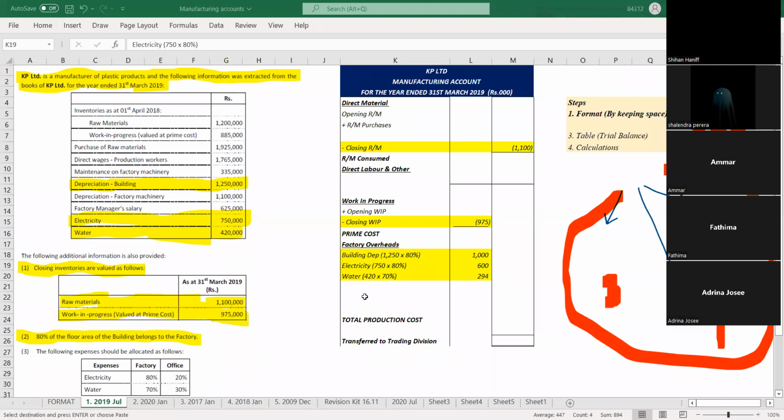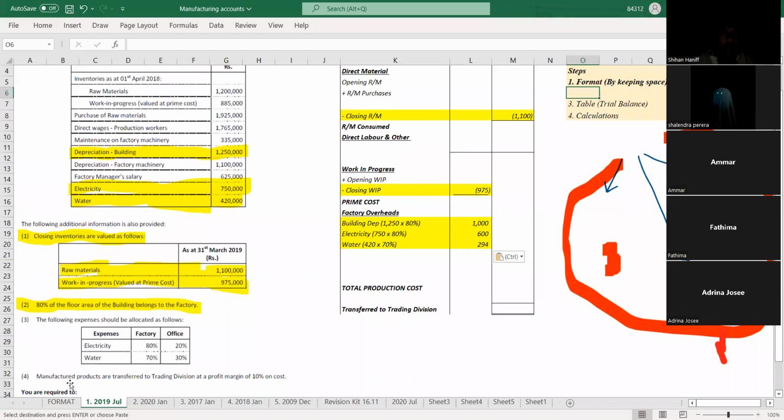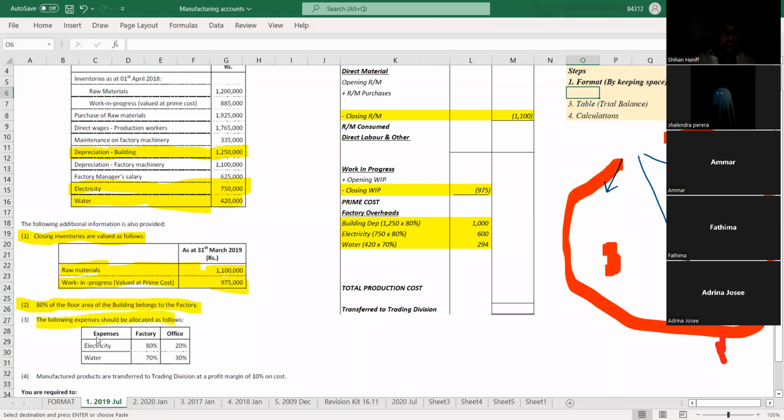Next. Now, the last one is manufactured products are transferred to trading division at a profit margin of 10% on cost. So that part I'll do at last. Now we have done the basic adjustments.